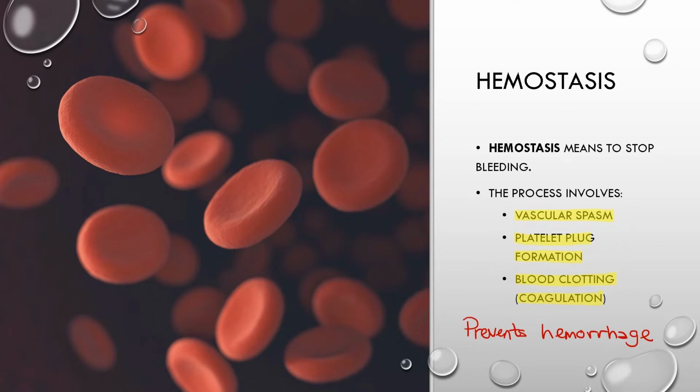Hemorrhage is the loss of a large amount of blood from the vessels. Now, hemostatic mechanisms can prevent hemorrhage from smaller blood vessels, but extensive hemorrhage from larger blood vessels usually requires medical intervention.